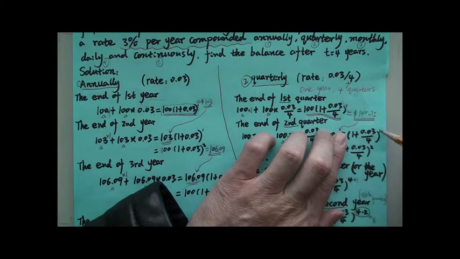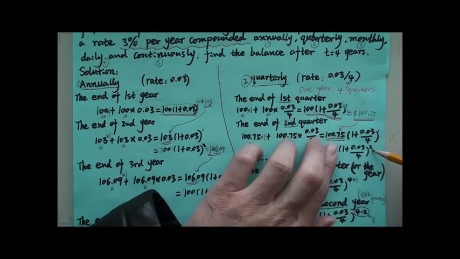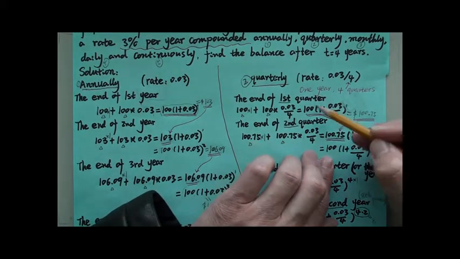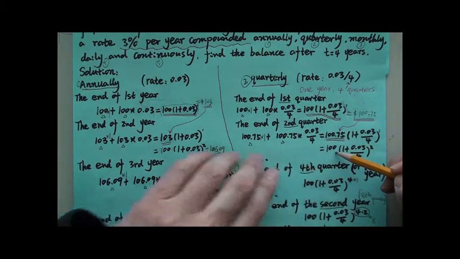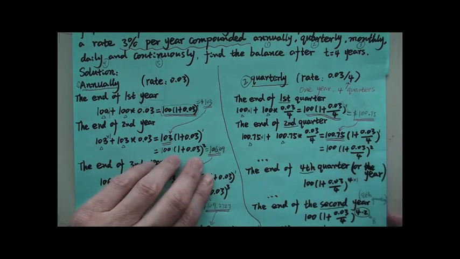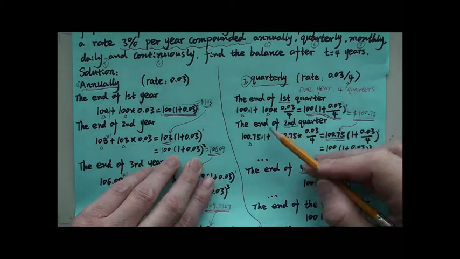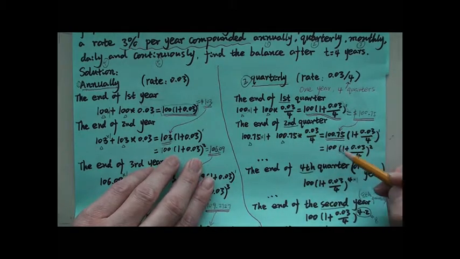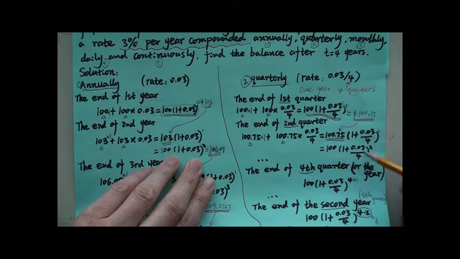So that would be 1 plus 1, which comes to be 2 for the exponent, and then keep 100 here. So at the end of the second quarter, you have 100 times 1 plus 0.03 over 4, whole quantity squared.